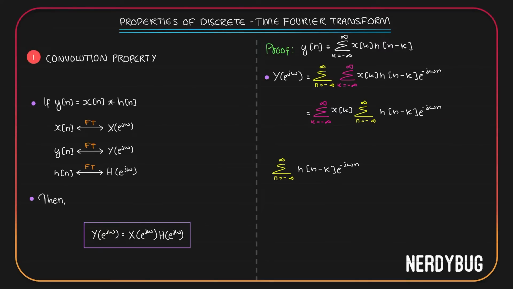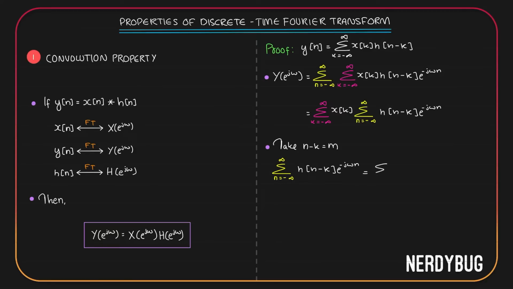To simplify this, let us use our trick. Take n minus k is equal to m. Then if n can take any integer value from minus infinity to infinity, then m, which is n minus something, will also take any integer value from minus infinity to infinity.